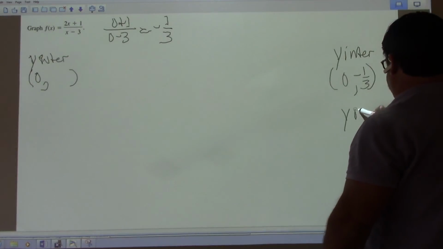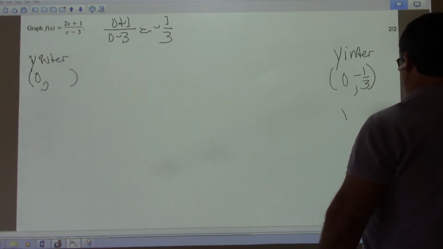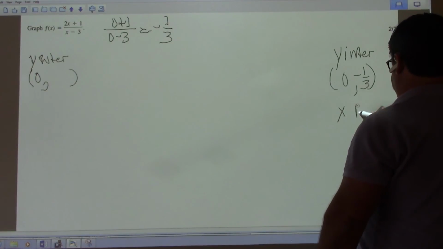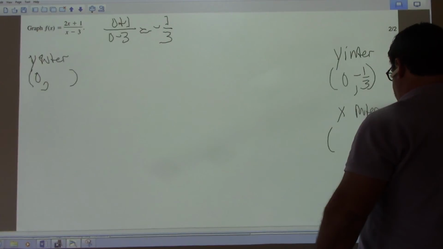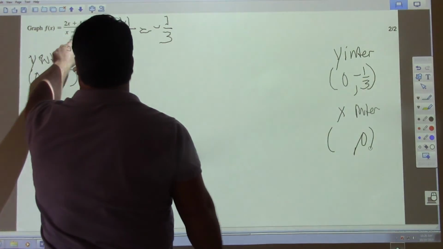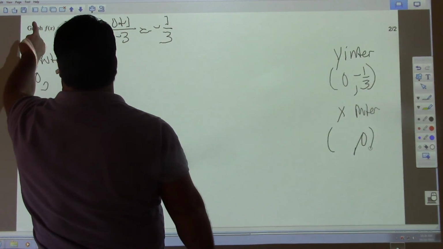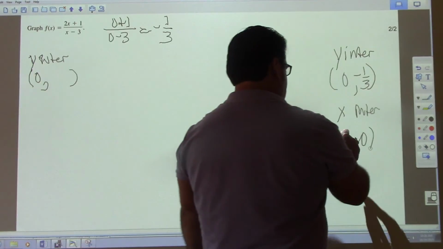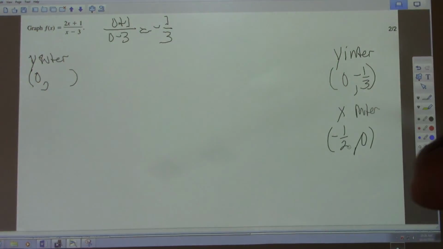Y-intercept, I'm sorry, X-intercept, 0 for Y. Multiply the X minus 3 times 0, that cancels out. 2X plus 1, negative 1/2. Somebody check me. That's what I got. So there's your Y and X intercept.